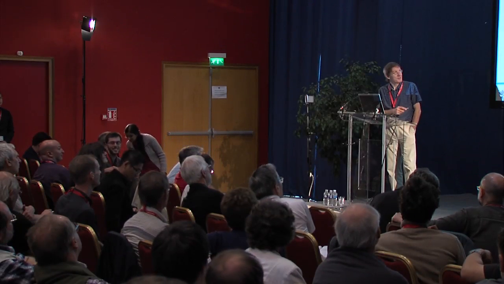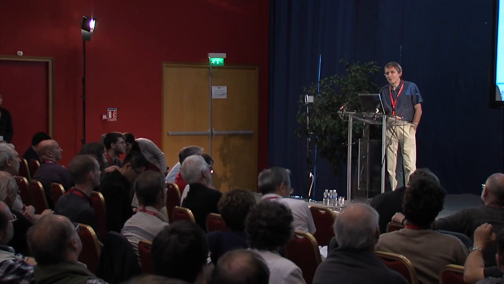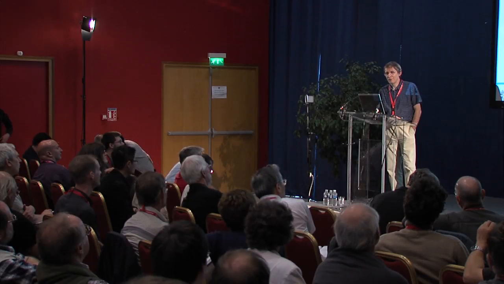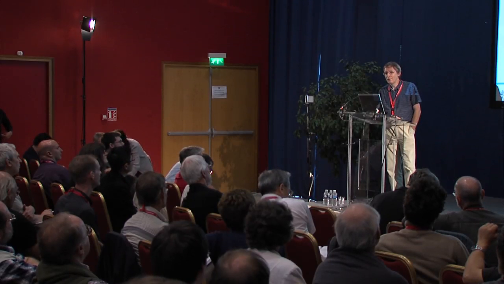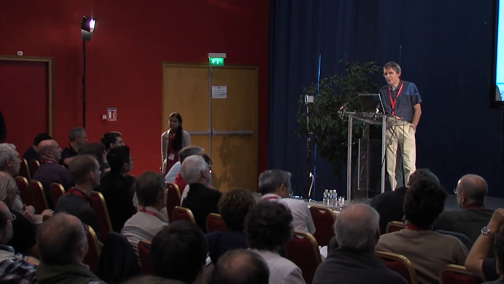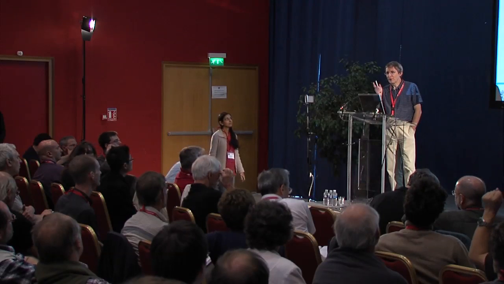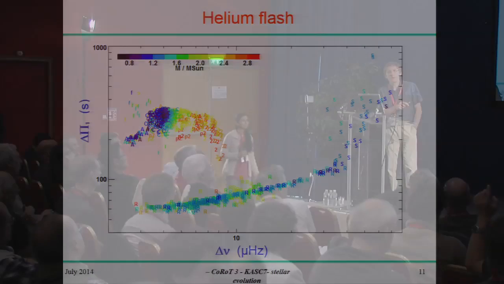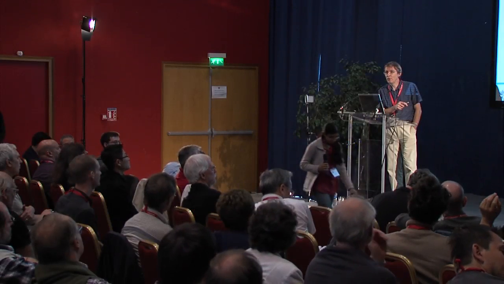For me, a red giant is a star where the properties of the envelope are univocally related to the properties of the core, just because of the physics of the hydrogen burning shell. We have a link between the core and the envelope.